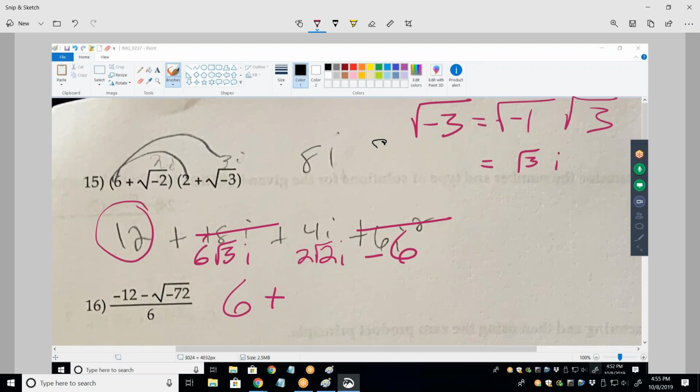Of course, I'm going to multiply that times that, and I'm going to multiply that times that. Oh, I'm not multiplying, I'm adding. Excuse me. I think that's the furthest you can go. In other words, I've got 6 root 3i plus 2 root 2i.